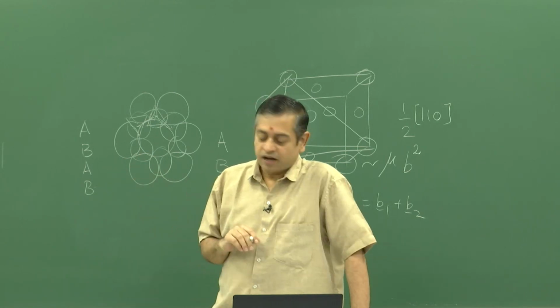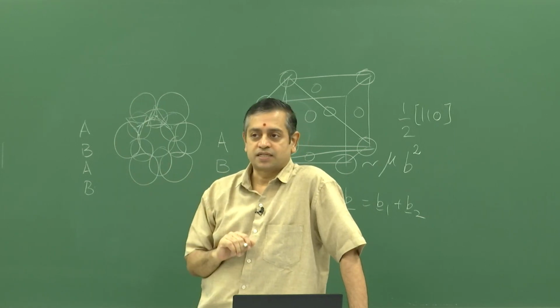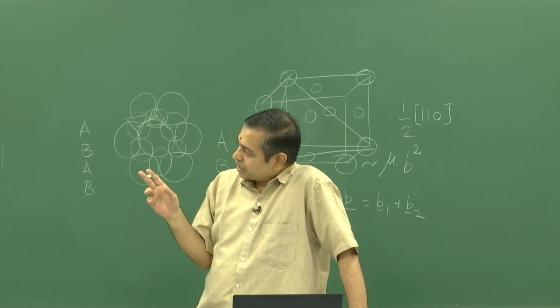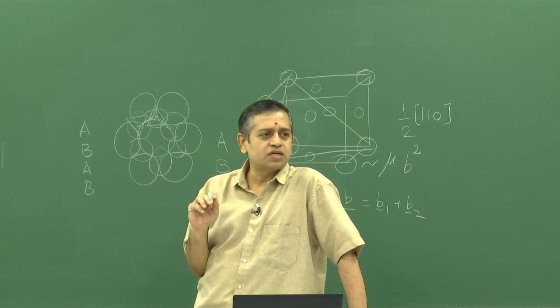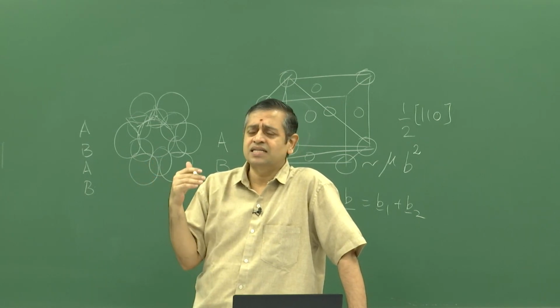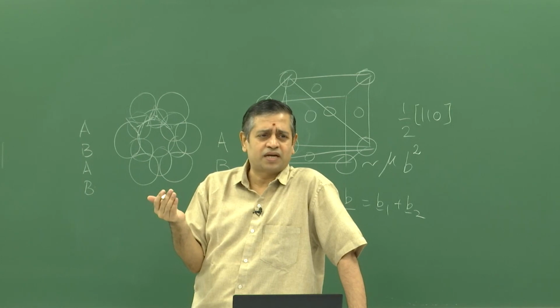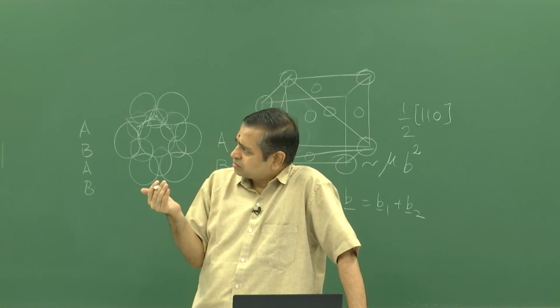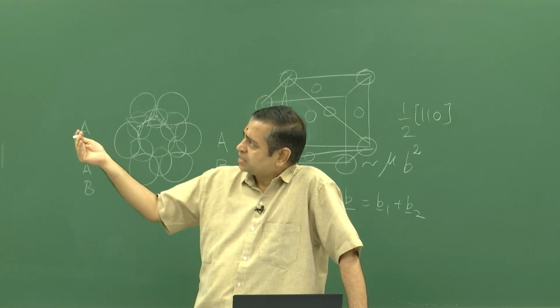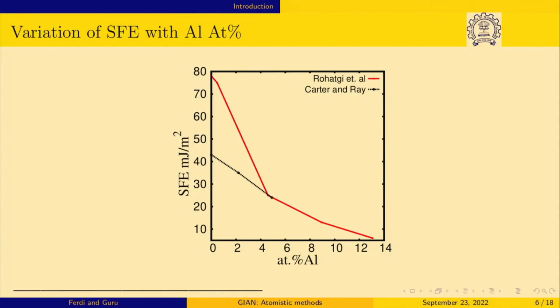And of course, people have measured stacking fault energies, and this is what I showed with aluminum percent. For example, people have reported stacking fault energies as high as 78 millijoules per meter squared in copper, but I think I would believe the other studies which show that this is somewhere around 40 millijoules per meter squared.